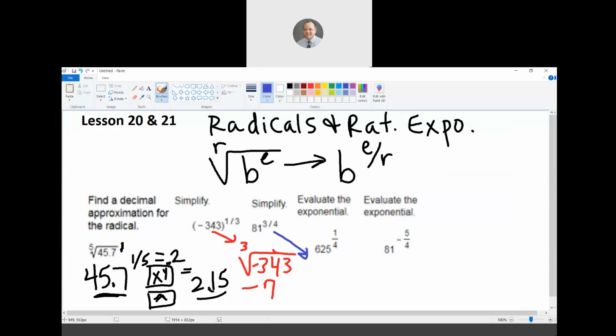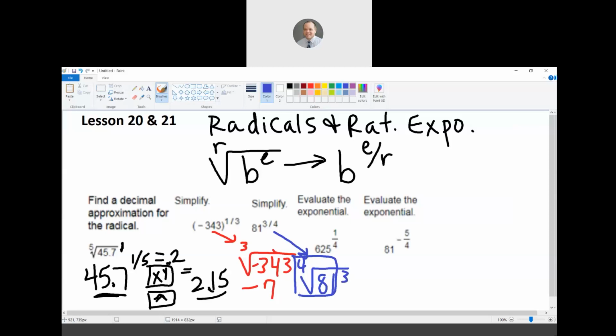Third question, you can either use the calculator or let's say we need to figure it out by hand. So let's rewrite this as a radical. Our root is 4, and we have 81 to the third power. Speaking of order of operations, you work from left to right.